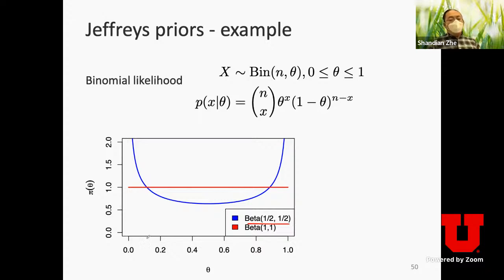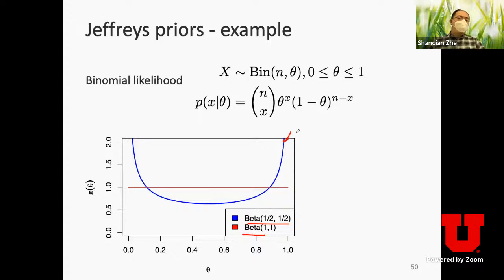By the way, in this special case, because theta is a probability between 0 and 1, for example the probability of seeing heads when you toss a coin, the uniform distribution can also be viewed as a special instance of the beta distribution with parameters 1 and 1. So you can see that the uniform distribution is a horizontal line, and the Jeffreys prior is a somewhat weird blue curve here.